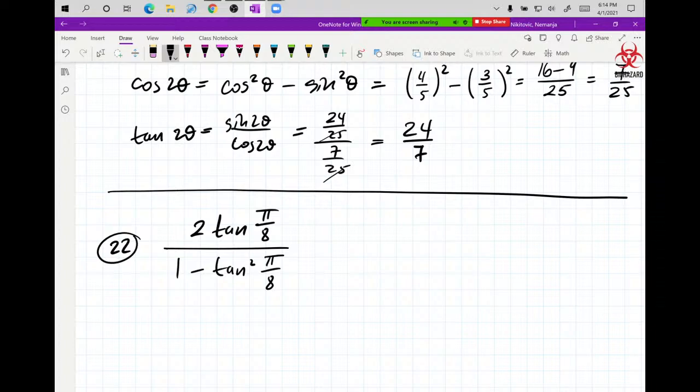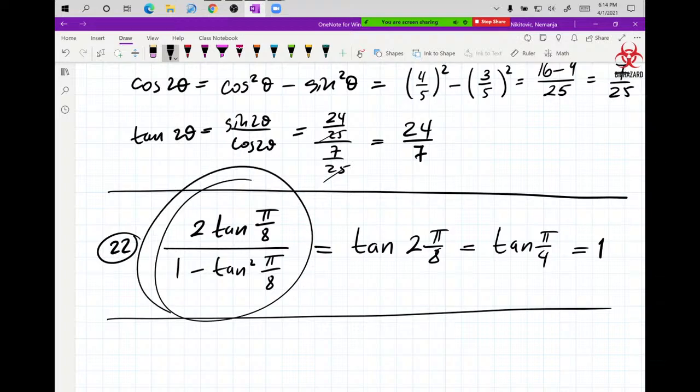Well, this is the double angle. So we have that this is equal to tangent of 2 times pi over 8, which is tangent of pi over 4, and the tangent of pi over 4 is 1.